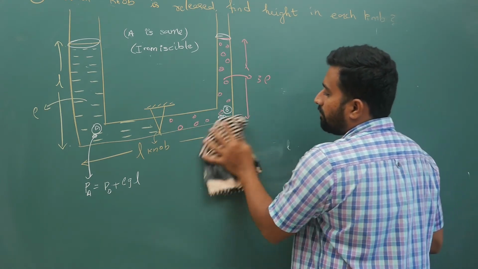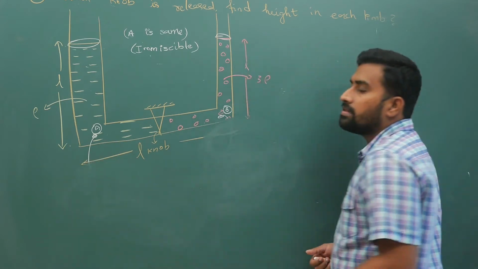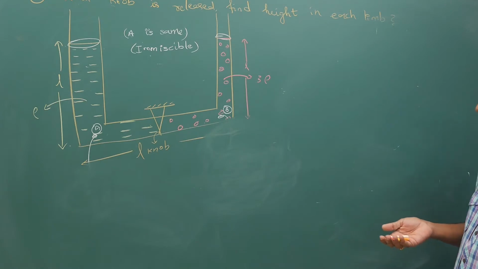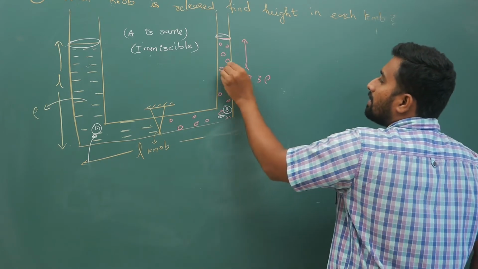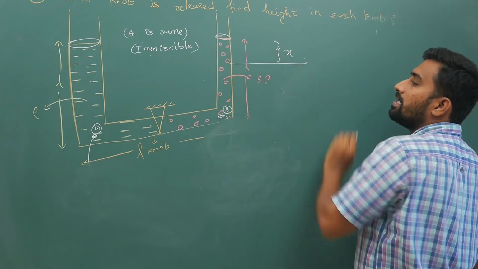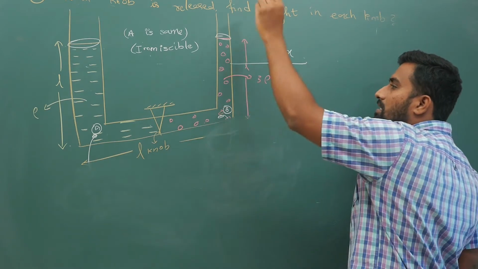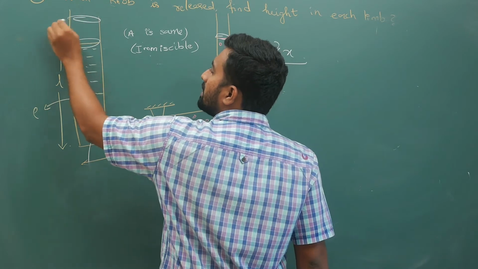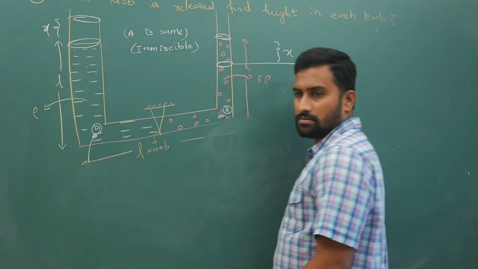Now when the liquid level drops on this side, let us say it has dropped down by x. If this comes down by x, automatically this side will rise by x.